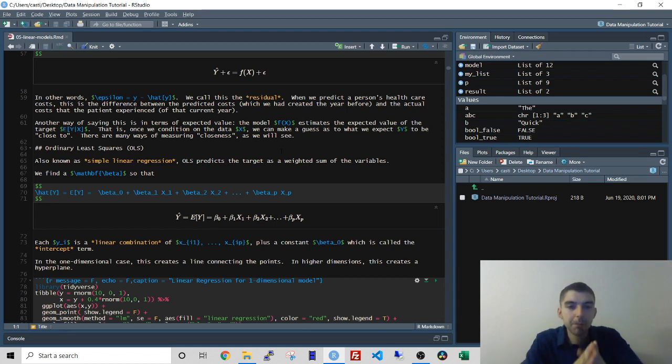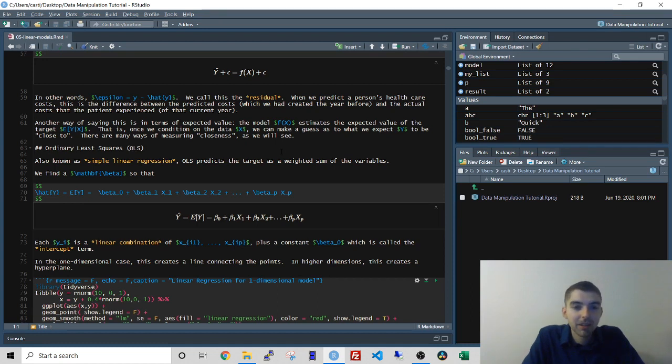The first type of model that we're going to look at is called ordinary least squares. This is also just known as simple regression. As the name implies, this is the simplest type of model that is possible. It says that the response is a combination of all the inputs when you multiply them by some numbers.